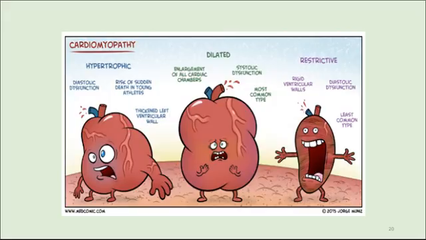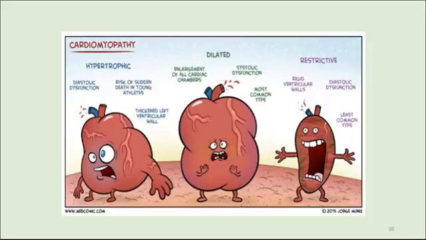Cardiomyopathy. I thought this was a perfect picture in helping you understand cardiomyopathy. When you hear the word cardiomyopathy, they are referring to a disease of the heart muscle fibers. So it can be dilated, hypertrophic, or restrictive.